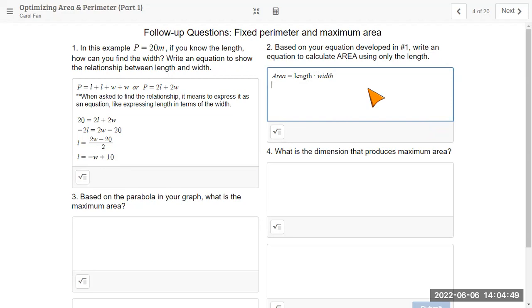So I can rewrite this and say area is equal to negative W plus 10 times the width. Area is equal to negative W squared plus 10W.